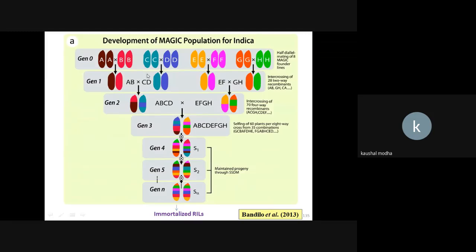They crossed these 8 parents in half diallel fashion. So there are 8 parents, and there will be 28 crosses developed if we follow the half diallel design, considering the formula n(n-1)/2.